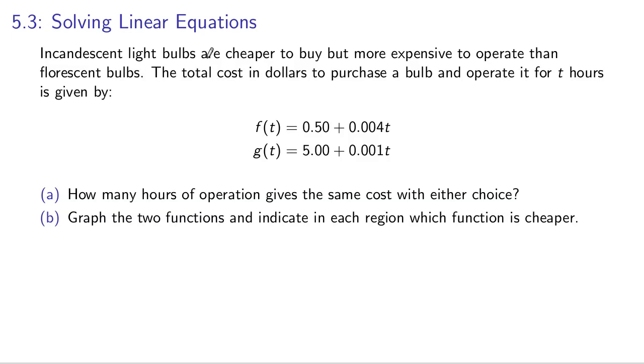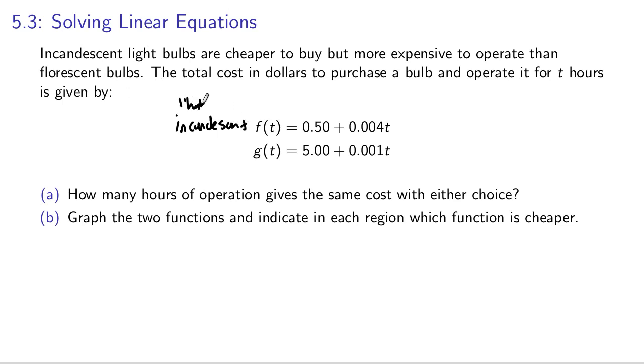Incandescent light bulbs are cheaper to buy, but more expensive to operate because they are less efficient than fluorescent light bulbs. The total cost in dollars to purchase a bulb and operate it for T hours is given by the following functions, where F is for the incandescent, which these days we can still buy, but they're called halogen.